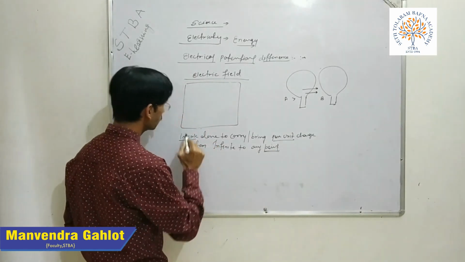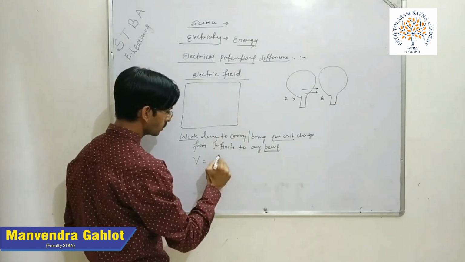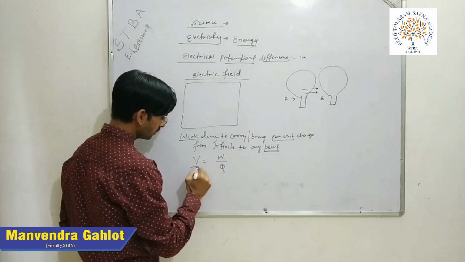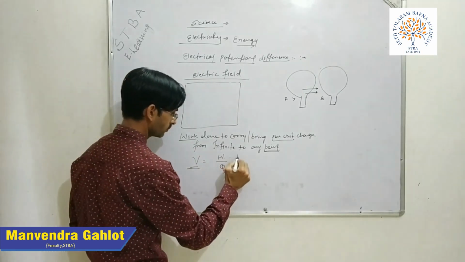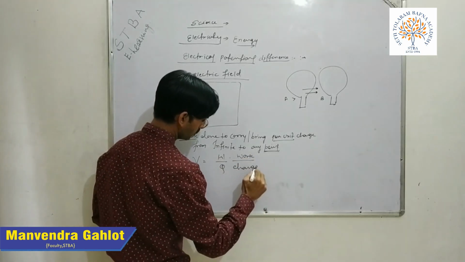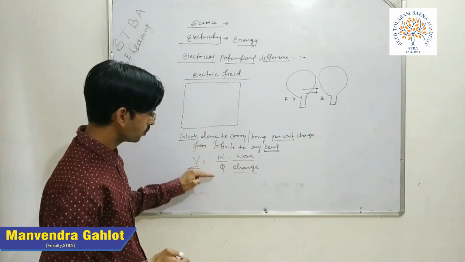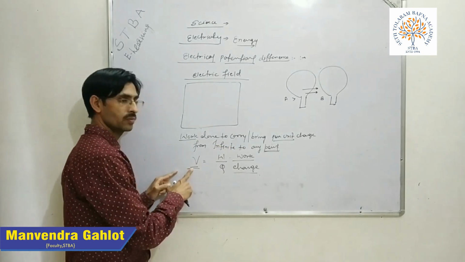Potential difference is denoted by V. V equals W upon Q, where V is potential difference, W is work done, Q is charge. So V equals W upon Q, that means work upon charge, is called electric potential.